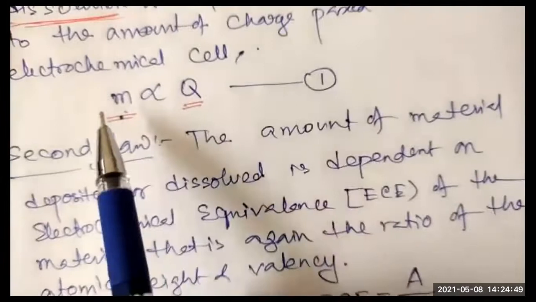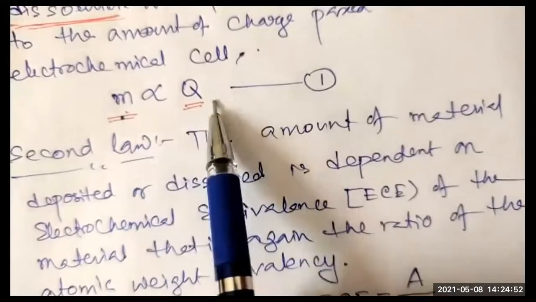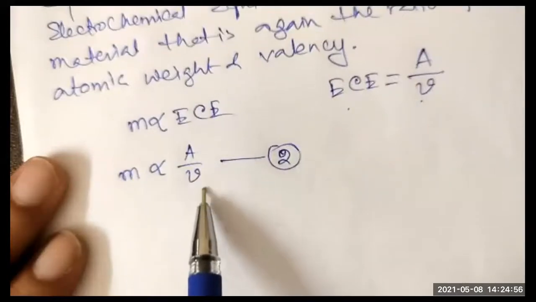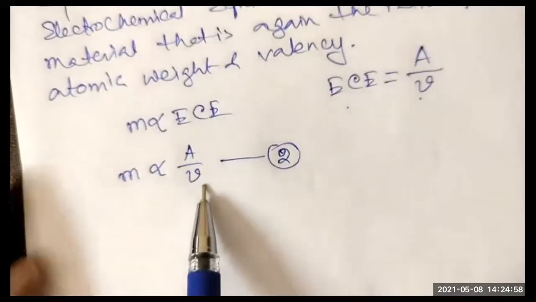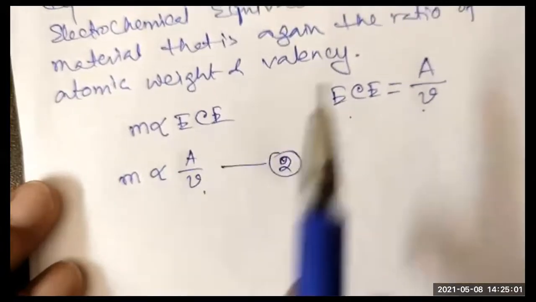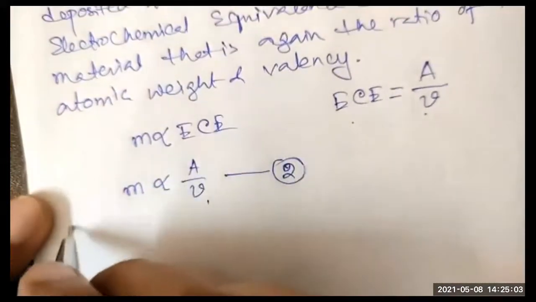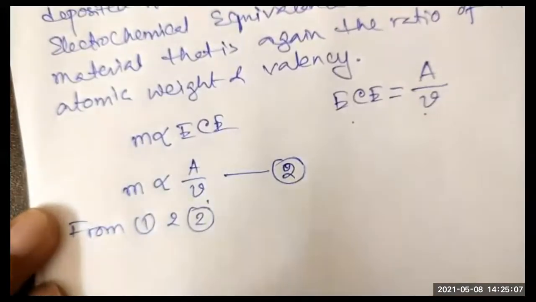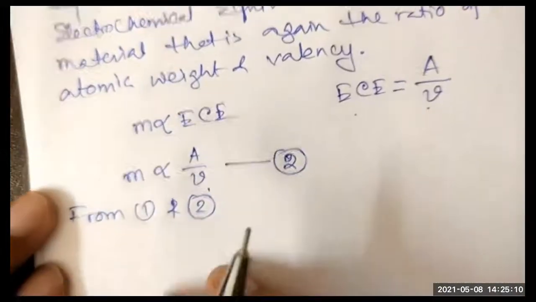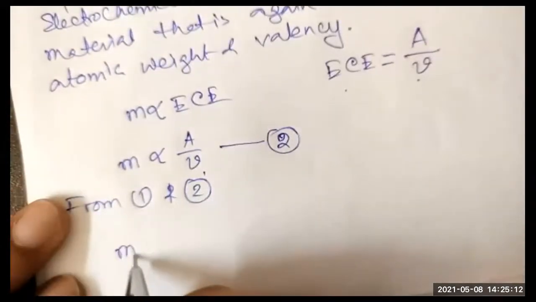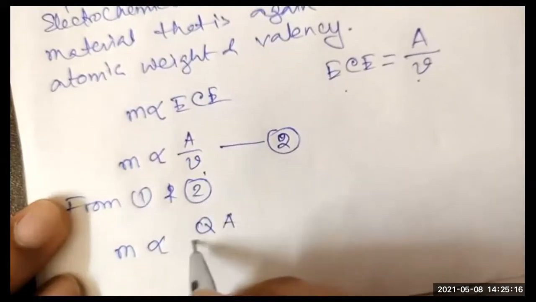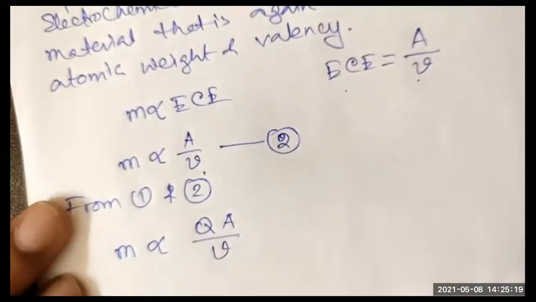Now we had equation number 1, which is M is equivalent to Q, and we wrote M is equivalent to A by V also. So from equation number 1 and 2, can we write that M is equivalent to Q A divided by V?